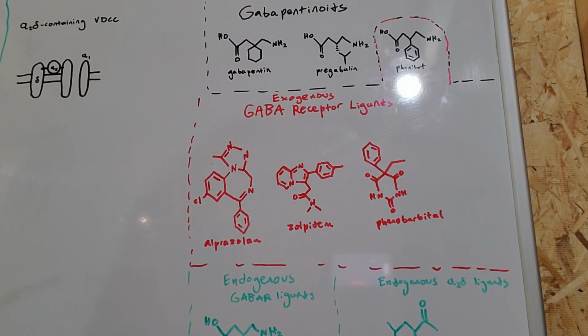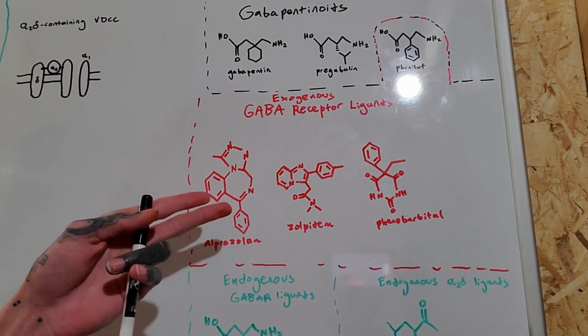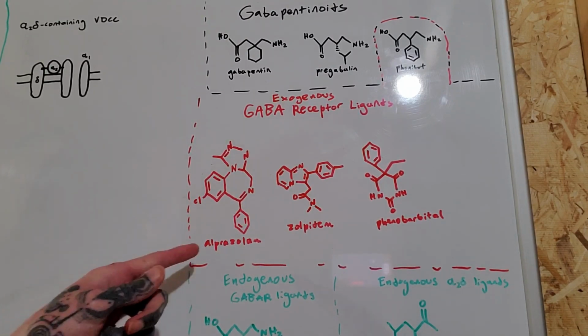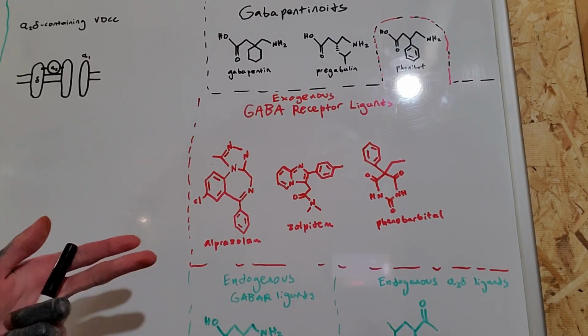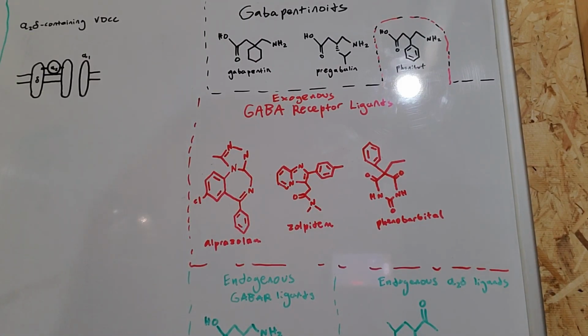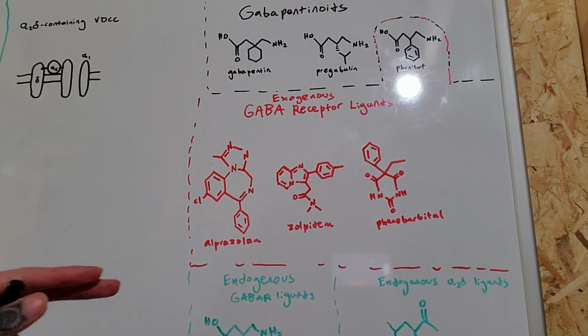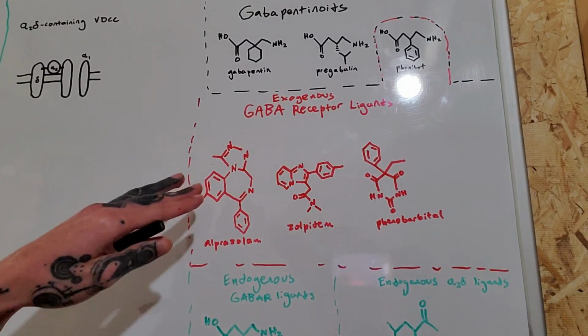So these are some examples of GABA receptor ligands. We have alprazolam, a representative for the benzodiazepine class of molecules, which all bind to the benzodiazepine site on the GABA receptor. And then we have zolpidem, which here represents the class of Z drugs or non-benzodiazepines that also bind to the benzodiazepine site, but are called non-benzodiazepines because they lack the benzodiazepine ring structure.